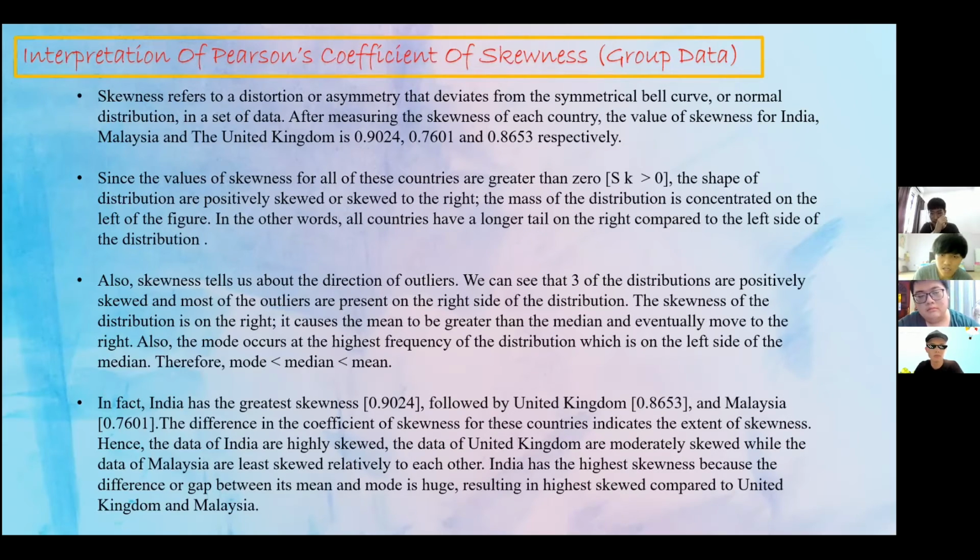India has a higher skewness because the gap between the mean and mode is large, resulting in higher skewness compared to the United Kingdom and Malaysia.